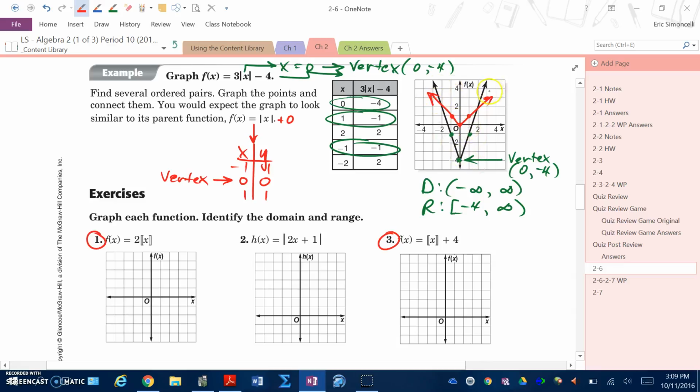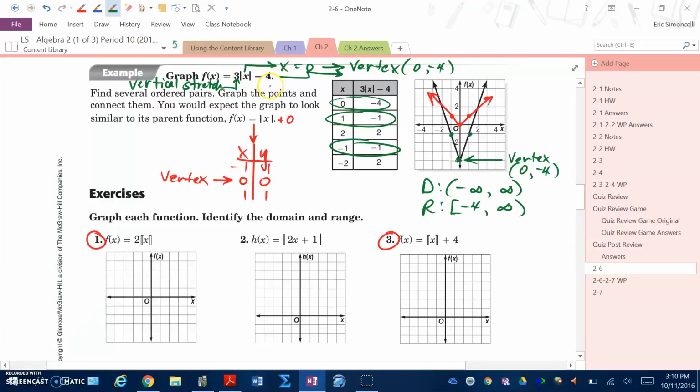So the black function is actually a transformed graph of the red. Going back to the original f of x, because of the number in front, the 3, we have what we call a vertical stretch, thanks to the fact that 3 is bigger than 1.